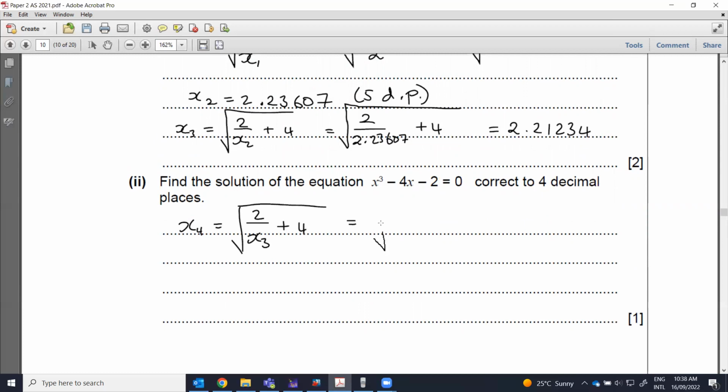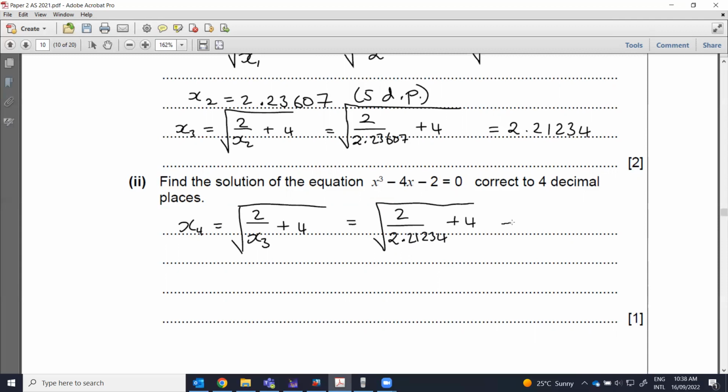I'm just going to use this one as I have it, 2.21234. Because it's needed correct to 4 decimal places, using this one, which is correct to 5 decimal places, is fine.